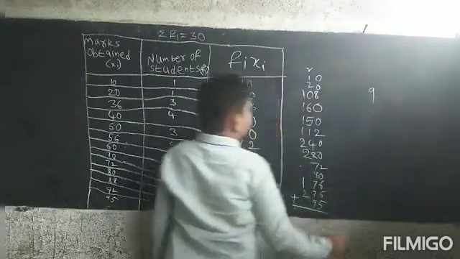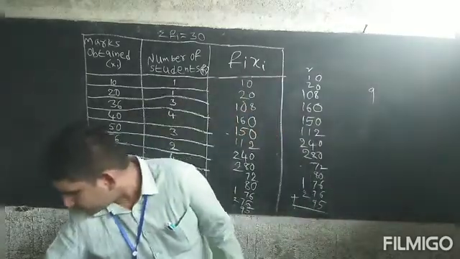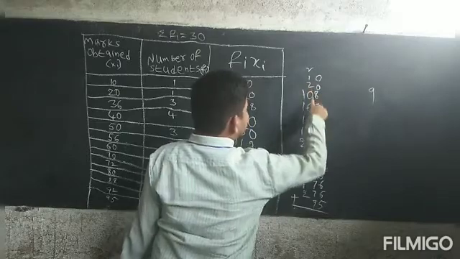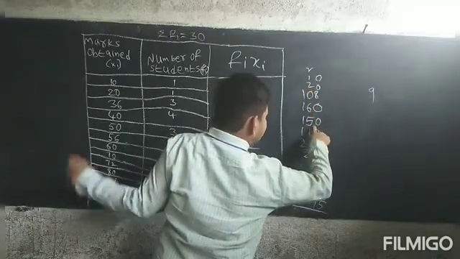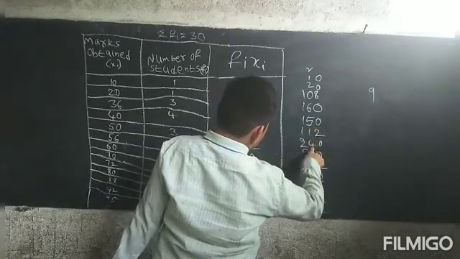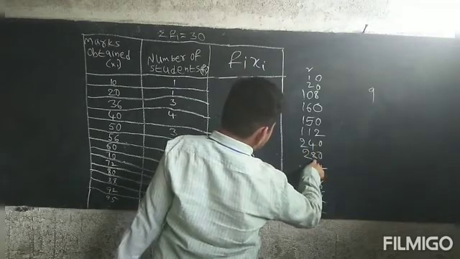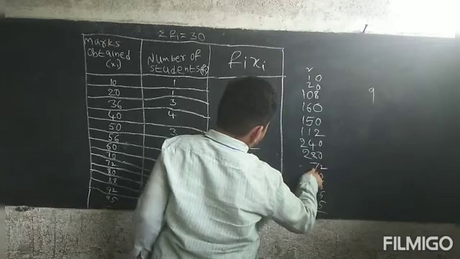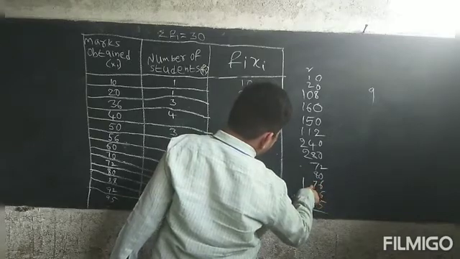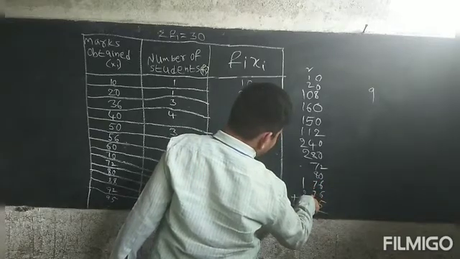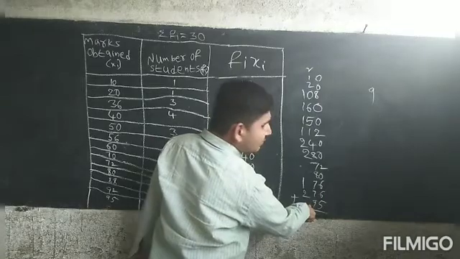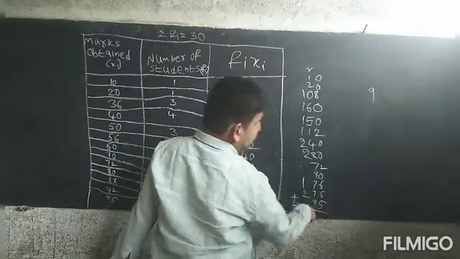Now 2 plus 1, 3. 3 plus 2, 5. 5 plus 2, 7. 7 plus 9, 16. 16 plus 1, 17. 17 plus 4, 21. 21 plus 8, 29. 29 plus 7, 36. 36 plus 8, 44. 44 plus 7, 51. 51 plus 7, 58. 58 plus 9, 57.